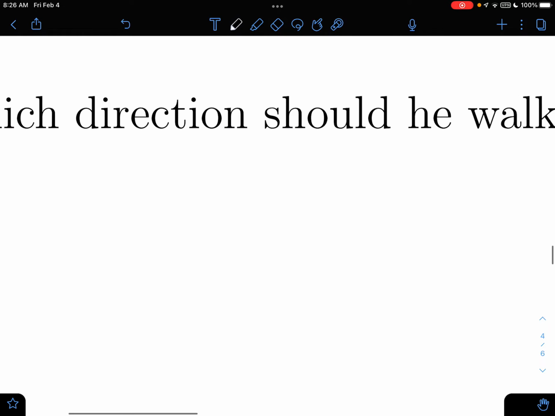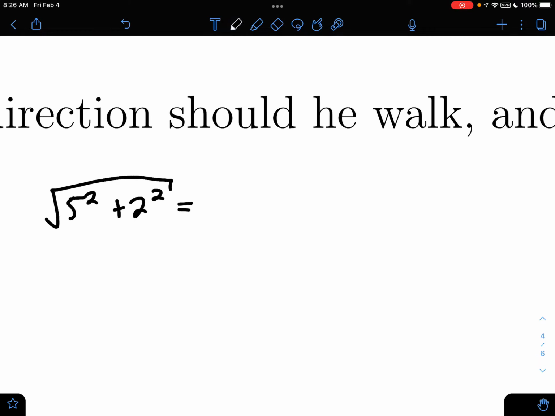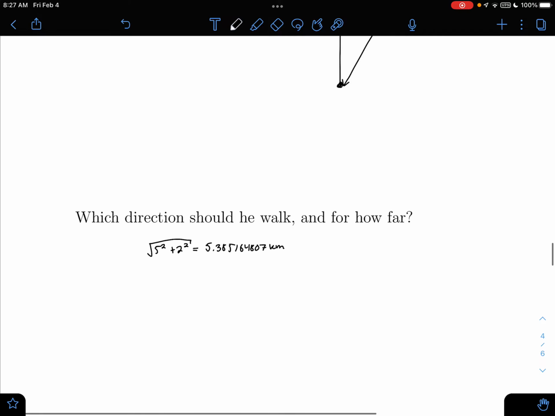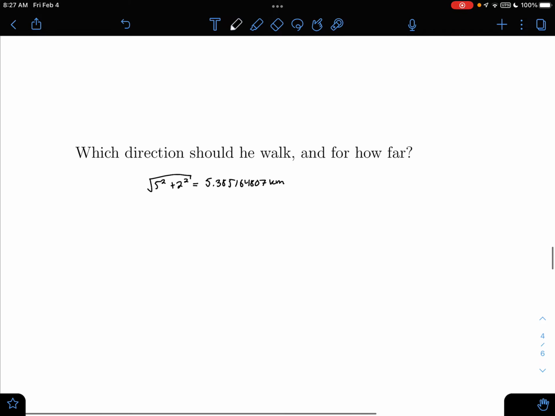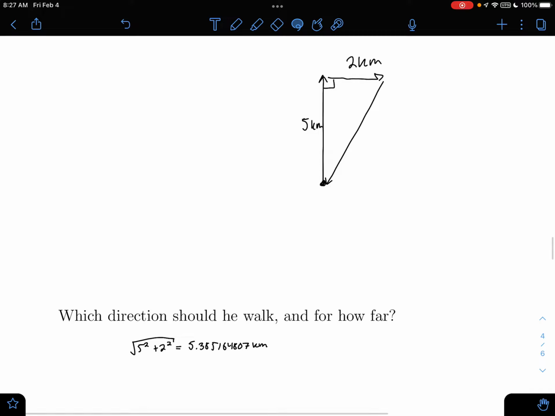So it's going to be 5 squared plus 2 squared. Take the square root, so that we get the square root of our hypotenuse squared, which is just going to give us the hypotenuse. So our magnitude is going to be about 5.385164807 kilometers.